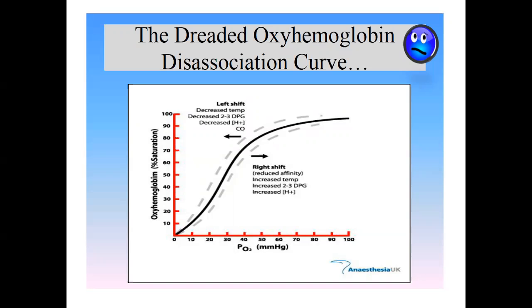An increase in 2,3 DPG reflects the degradation of those red blood cells. So if we have more red blood cells being degraded, we're losing oxygen carrying capacity. We're losing hemoglobin. Same concept goes if your patient's bleeding. If they're bleeding out, we have less oxygen carrying capacity. So if the patient has blood loss, they're going to have a shift to the right.